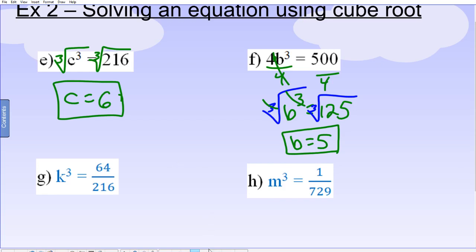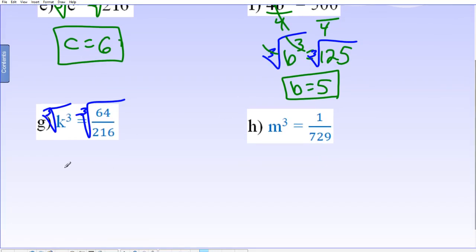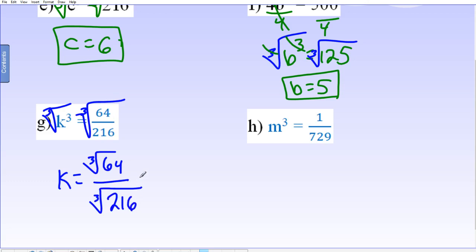All right, so both of these problems are solved pretty much identically. You're going to start by cube rooting both sides. I'll do this one first. So you cube root both sides. Now here you get just k equals. On the other side, you cube root both pieces separately, because we have an ugly fraction, 64 over 216. It's much easier if we break it down into 2 simpler pieces. So the cube root of 64, look at your table, is 4. The cube root of 216, if you look at your table, is 6.